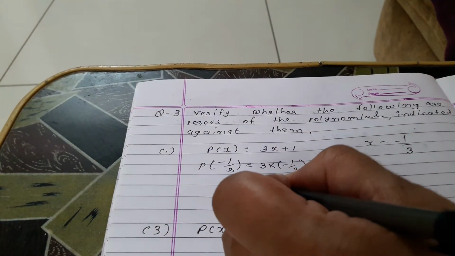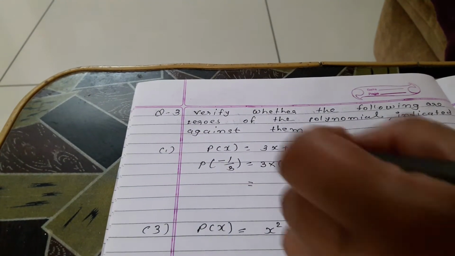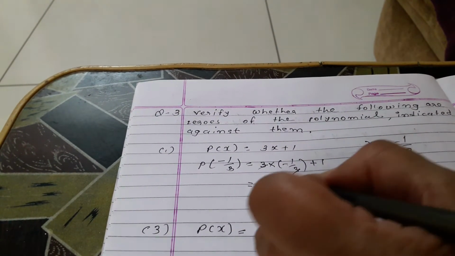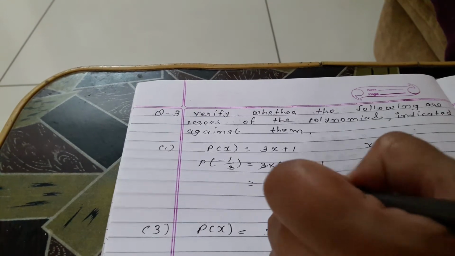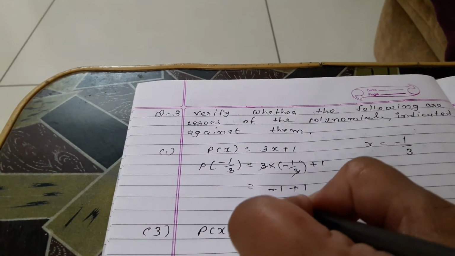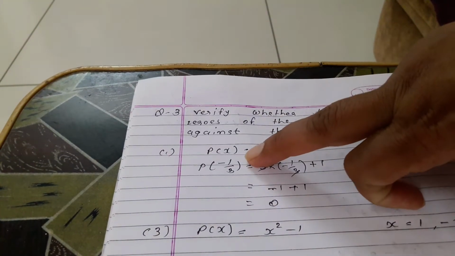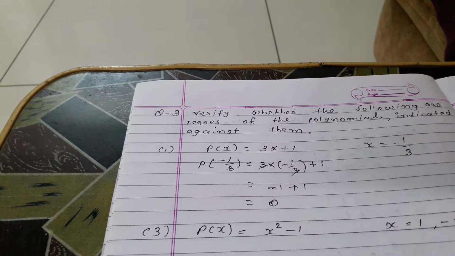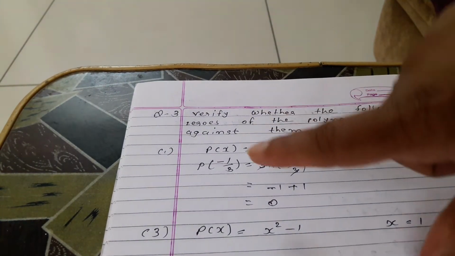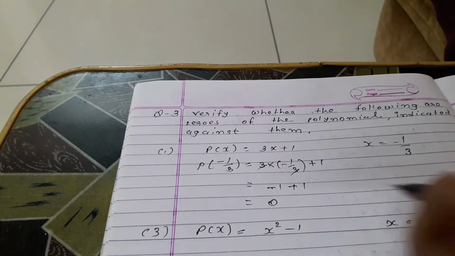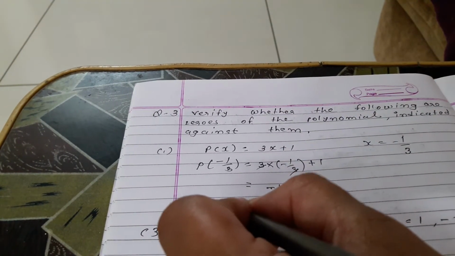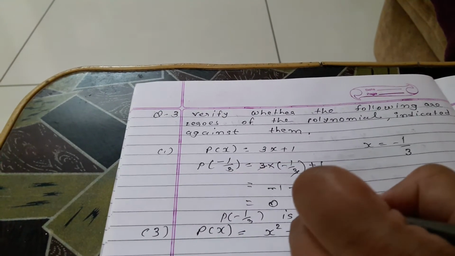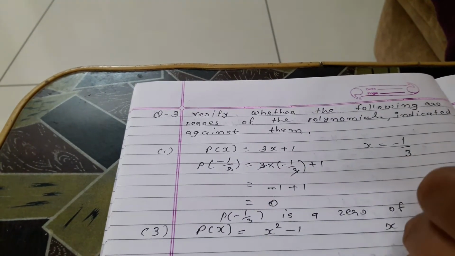So it is equal to 3 cancels, minus 1 plus 1, that is 0. So P(−1/3) = 0. So we can say that x = −1/3 is a zero of P(x). So our answer is that −1/3 is a zero of P(x).